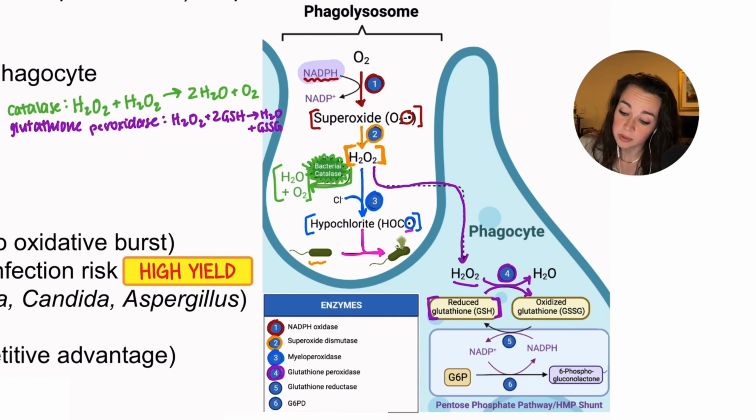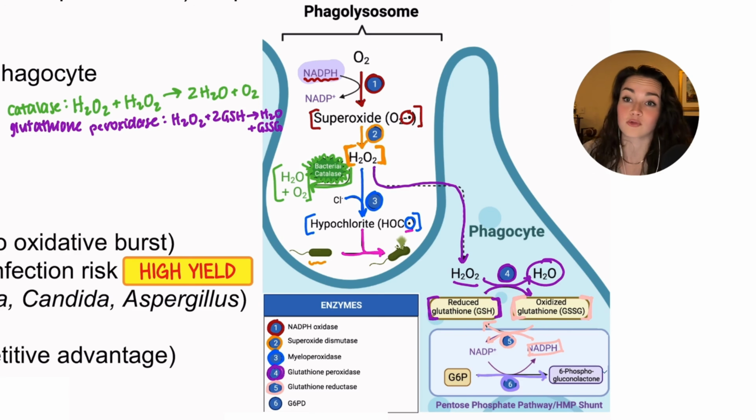So we just talked about peroxidase, which formed water. But we had to sacrifice a reduced glutathione, which became oxidized glutathione. And so we want to find a way to reform that reduced glutathione so we can go on and detoxify more peroxide. Remember, we reform reduced glutathione by using the reducing power from NADPH. The enzyme that does that is enzyme 5 right here, glutathione reductase. And all that step 6 here is showing you is just that G6PD step, right?